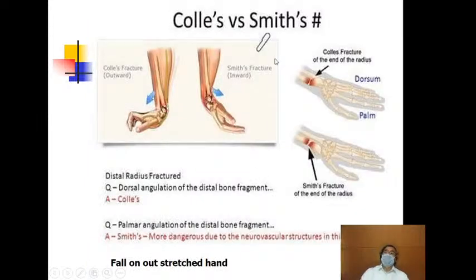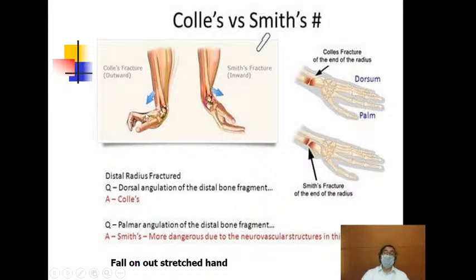So, coming to the main difference between Colles and Smith. I keep on telling you several times during my lecture here because I want all of you to have a clear view of what a Colles fracture is and what a Smith fracture is. So previously I told you that it is a dorsal displacement in Colles fracture.